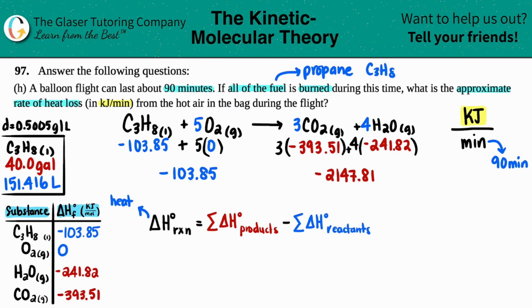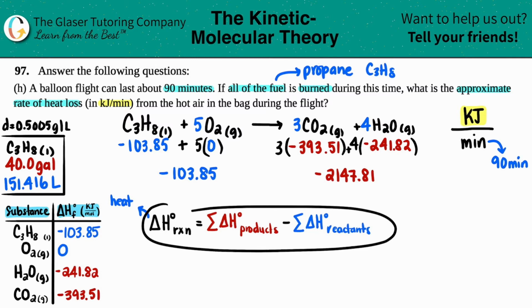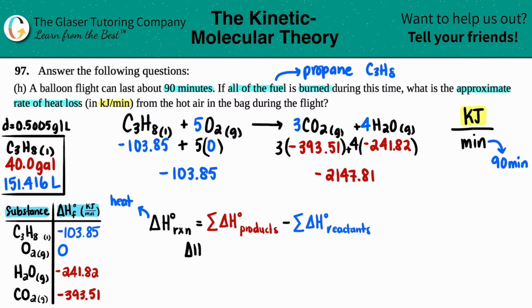Okay. So now we're just going to plug it in here. Delta H for the whole reaction. So how much heat is going to be produced is products minus reactants. Negative 2147.81 minus negative 103.85. So let's see, what's my delta H?